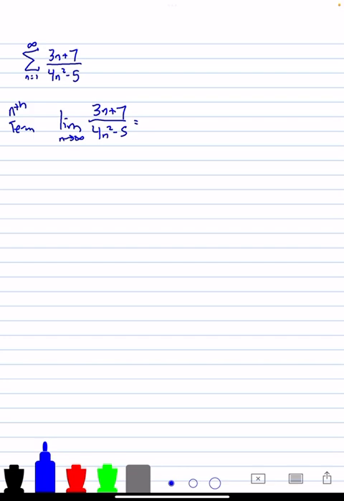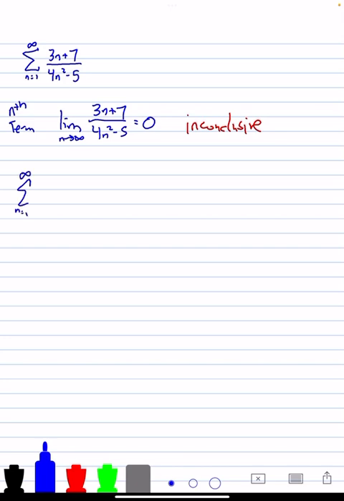And since the degree of n is higher in the denominator than in the numerator, this limit will go to 0. But by the nth term test, this would be inconclusive.